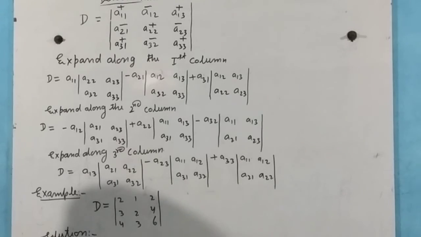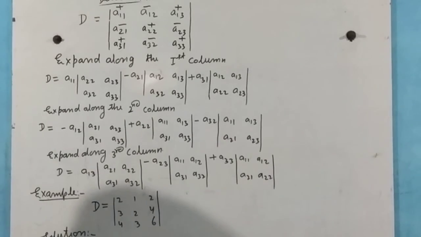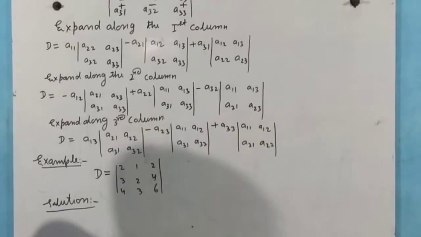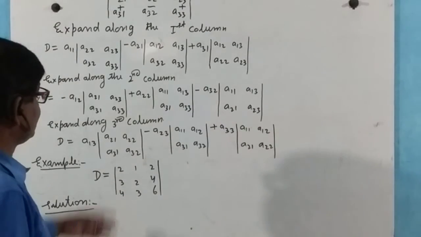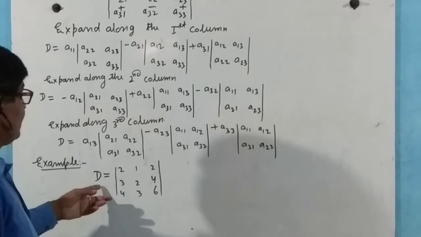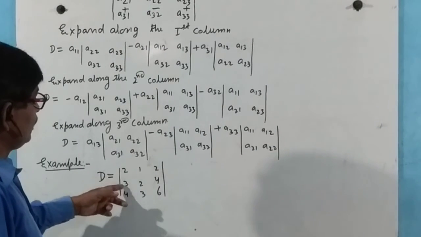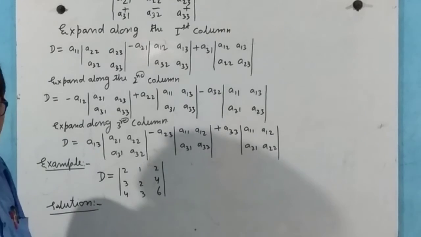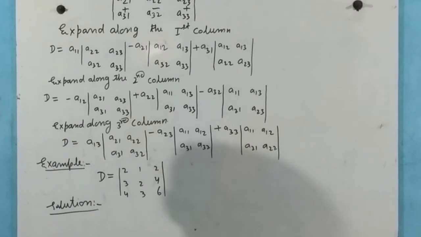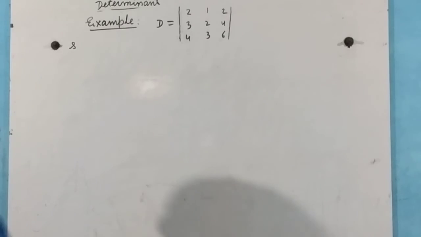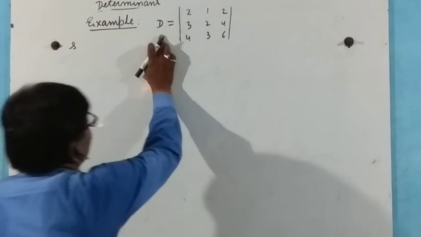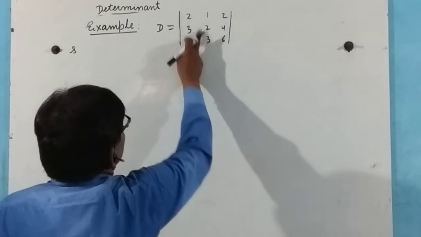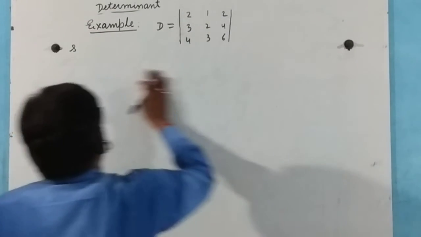Now we expand the determinant for the value in such type of 6 ways. We take an example, determinant D equal to 2, 3, 4, 1, 2, 3, 2, 4, 6.